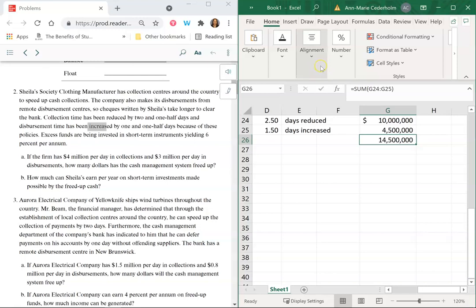And now it's asking me if I invest this cash in short-term instruments so I can earn 6% interest, because we don't want to just leave that in our bank account. We'll see how much interest we can get off of that.